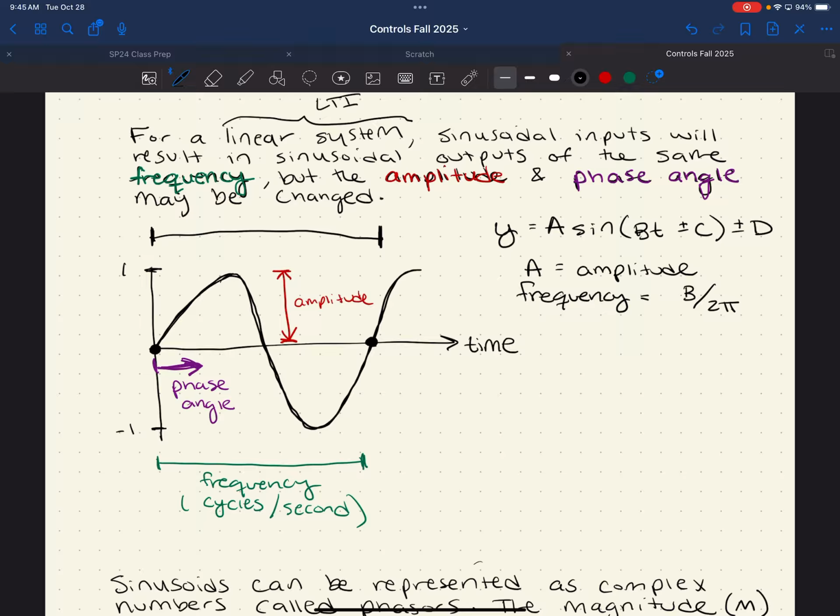What do you think c is? The phase shift. Yeah, that's how much this thing shifts left or right. So c is the phase shift. And what do you think d does? Offset. It moves it up and down. Yep, so c moves it left and right, d moves it up and down. So that's the vertical shift. We're not actually going to deal with vertical shift too much for today, but just for completeness, you can consider it.